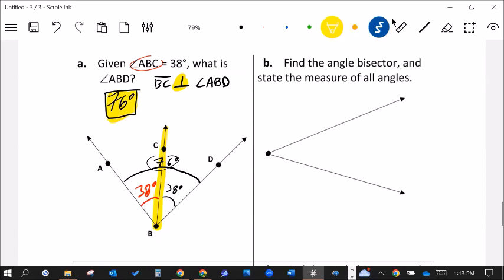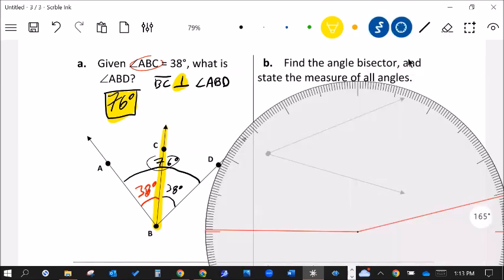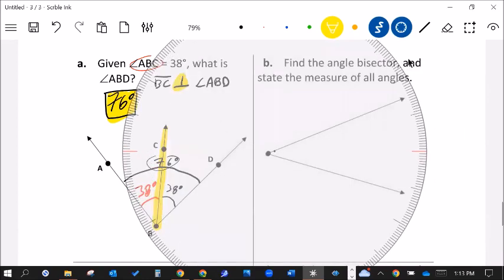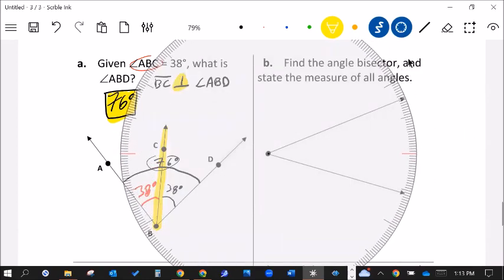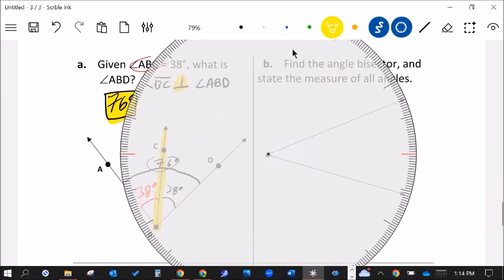Now here, find the angle bisector and state the measure of all angles. This is where you'll need to use a protractor. So here I have a little problem where I'm not able to make this one straight, not with this type of protractor. So I'll tell you what happens there.